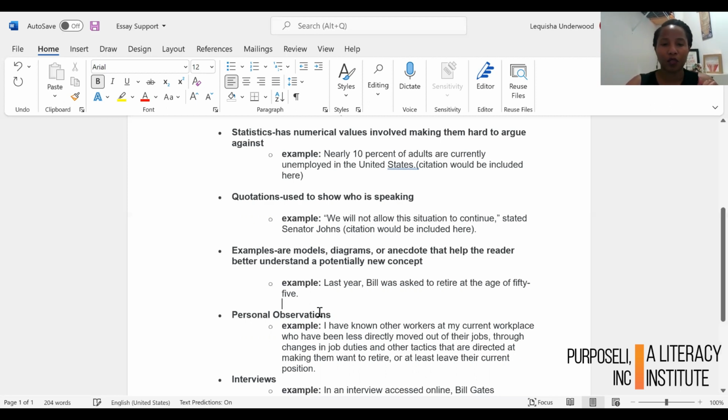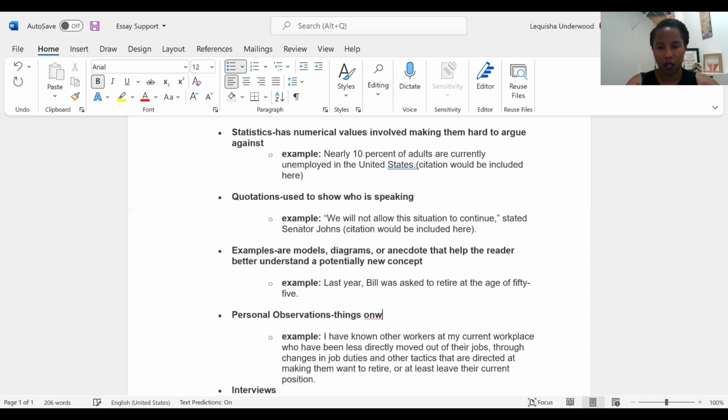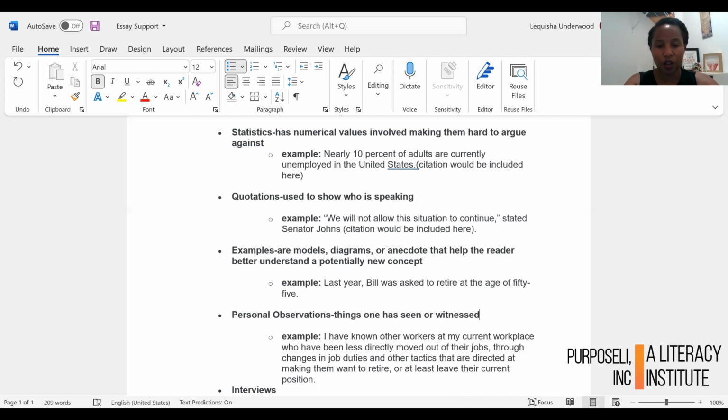Our next type of support is a personal observation. Now, these seem self-explanatory, but I'll attempt to explain it here as well. These are things one has seen or witnessed. I could even say observed, but I was trying to use a different word. Firsthand. Okay.